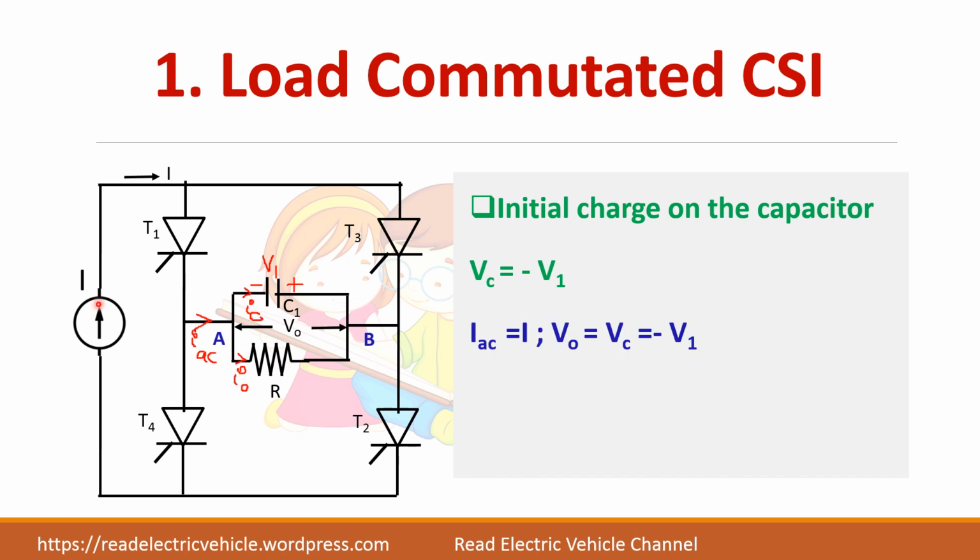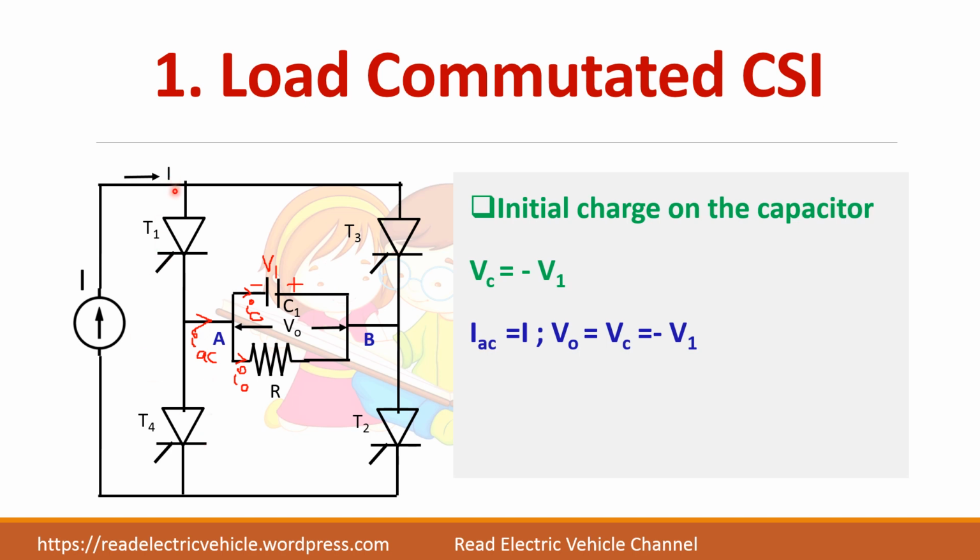Now take the current. This is the total current, that is the AC current, and this is the current through the capacitor and this is the current through the resistor. So IAC is equal to, here T1 and T2 will be conducting in one mode and T3 and T4 will be conducting in the other period.